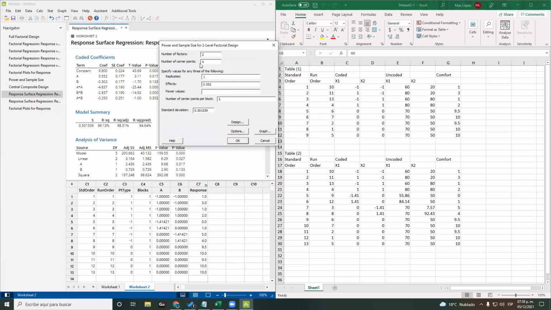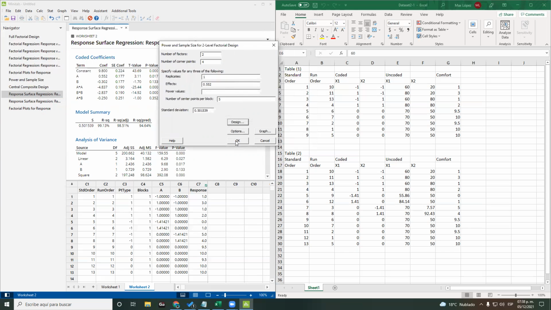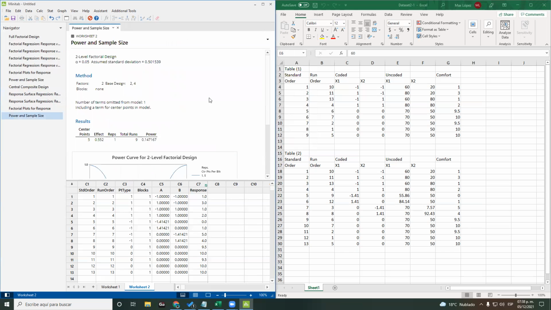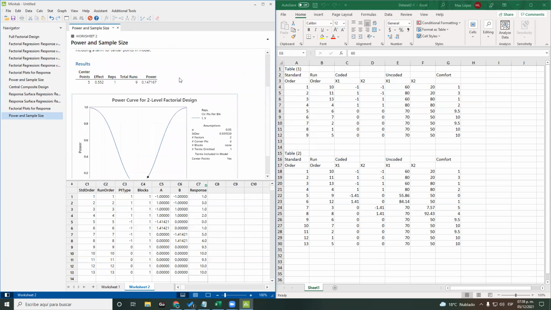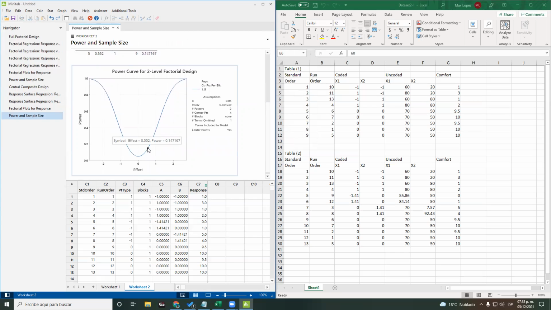We have 5 center points per block, and we removed one term from the model. If we were to use the model where we removed one term, we can see now that here we have a power of 0.14, which is not considered a very good power.